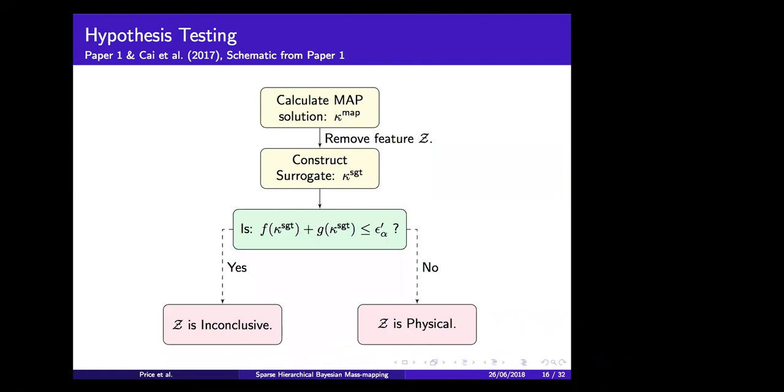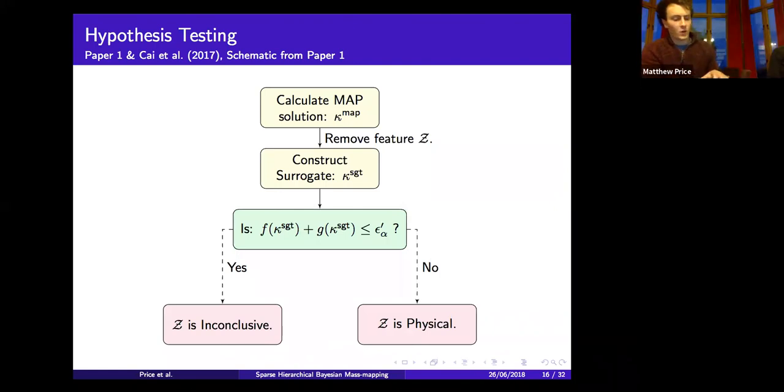Okay, thank you. So basically, what you're doing here is you remove some structure and you create a new convergence solution. And you're asking, is this solution rejected by the data? If the objective function of this new surrogate solution is above the level set threshold, then this solution did not belong to the credible set, which therefore implies that the feature that you removed was necessarily required by the data.